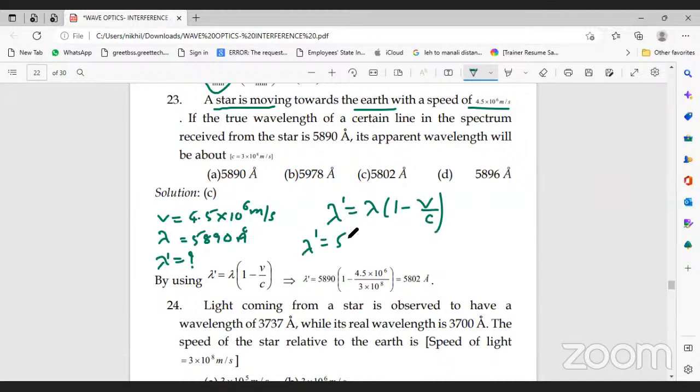What is lambda? 5890. What is V? 4.5 into 10 power 6. Speed of light is 3 into 10 power 8.